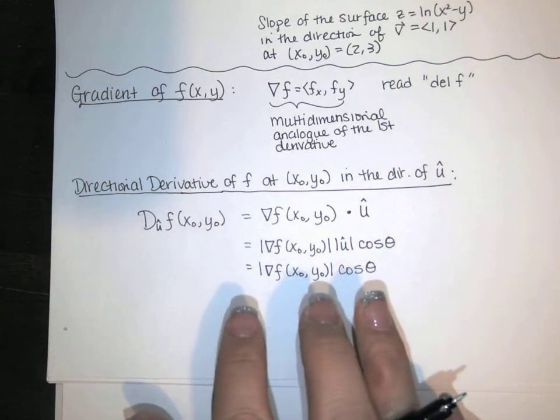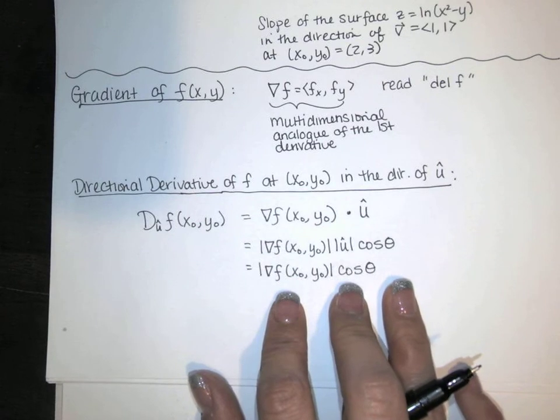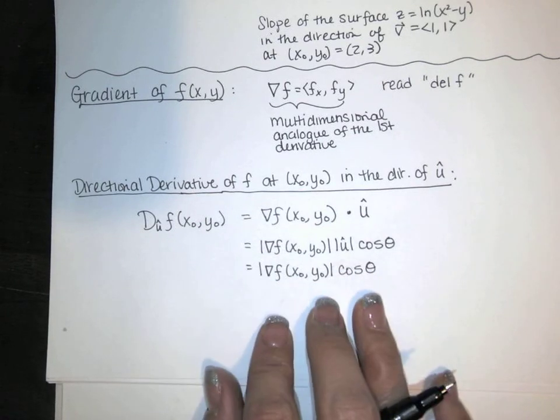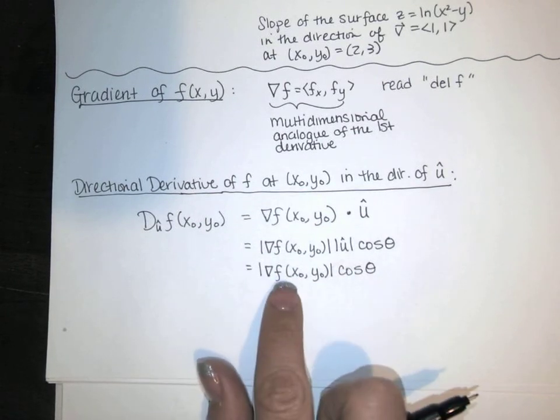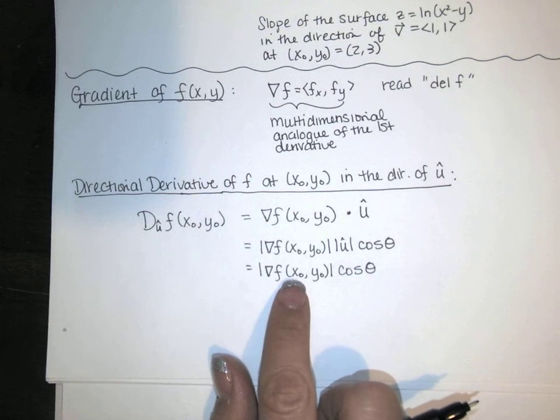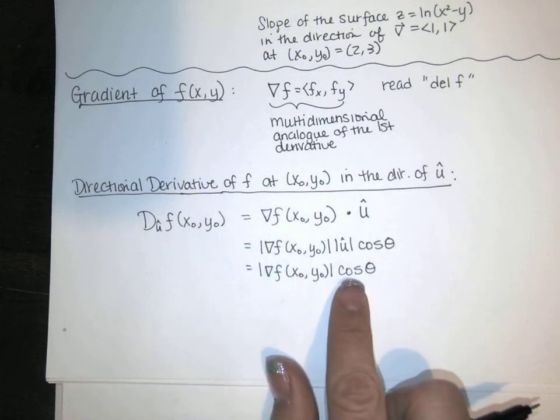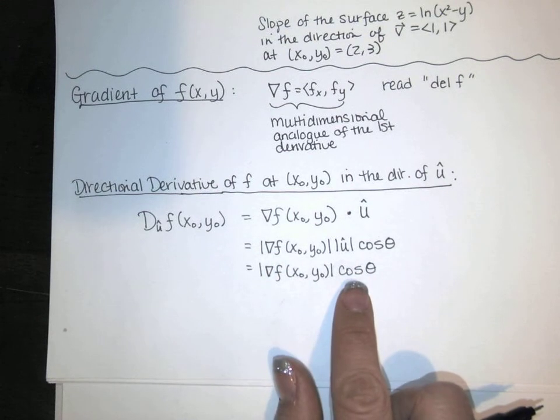Now if I want this directional derivative to be as large as possible, I don't really have any choice about the gradient at that point. I can't maximize that, but I can maximize this cosine of theta. The largest cosine of theta can be is 1. Cosine of theta is always between -1 and 1.